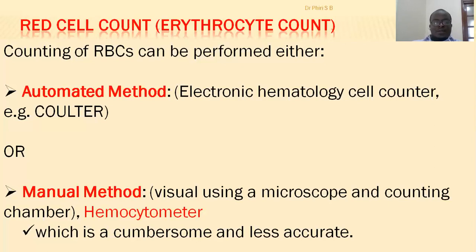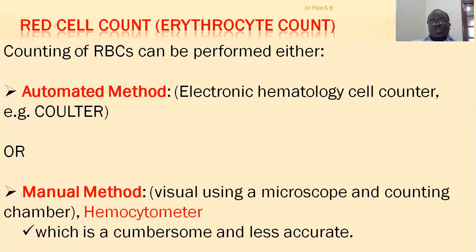This one comes in handy because you don't waste time. You just put your sample in there, and in no time, it will give you the result. But the manual one is very cumbersome and to some extent less accurate, because you're using your eyes to count the cells. Sometimes you can miss a cell as you are counting. So it's not as accurate as the automated one.